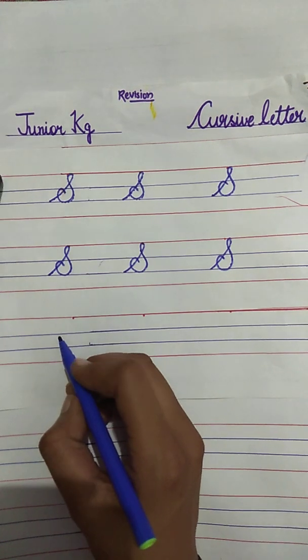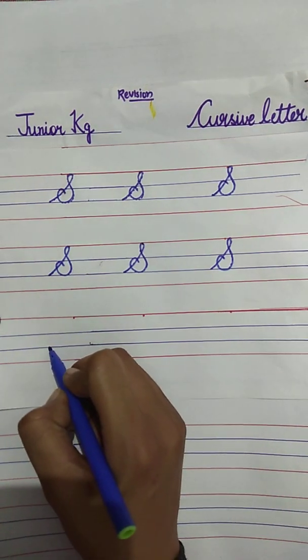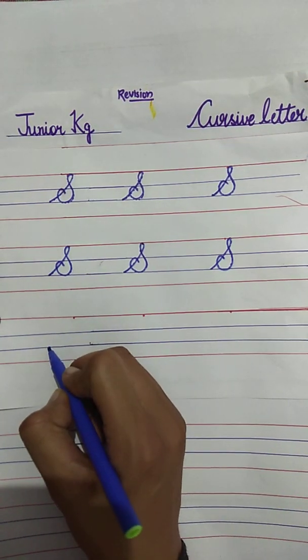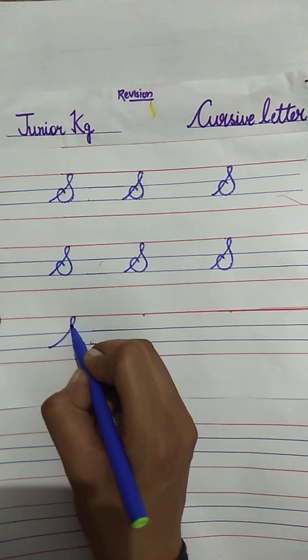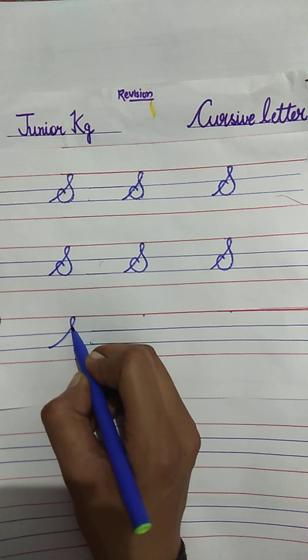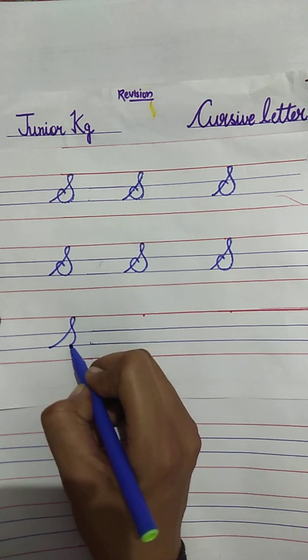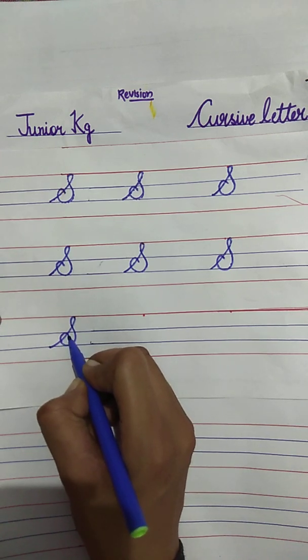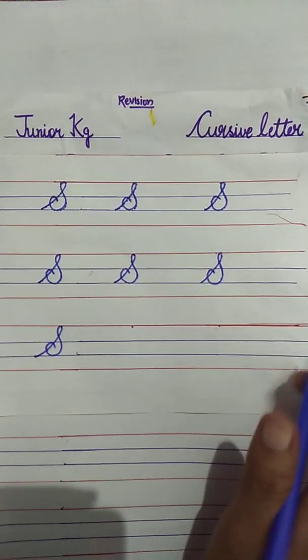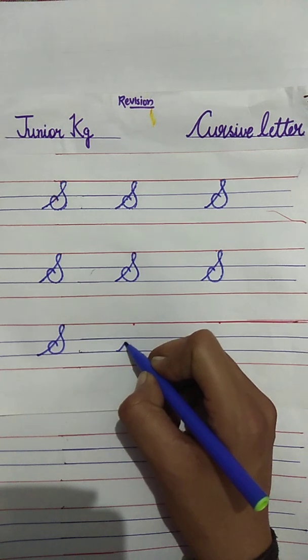What you have to do? You have to put your pencil on the second blue line. आपको second blue line पर pencil रखनी है, then slanting line बनानी है, then आपको loop बनाना है like this. Then you have to draw a semicircle like this, then a curve. S for sailor. Again draw with me.